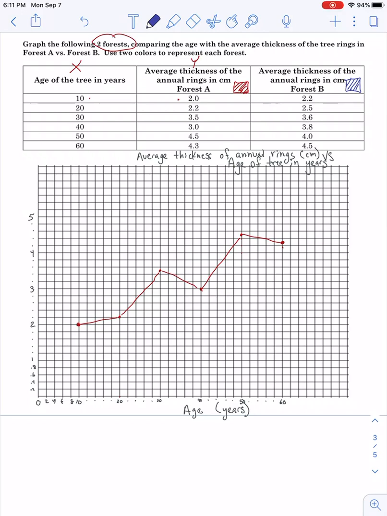So age 10, 2.2. Age 20, 2.5. Age 30, 3.6.